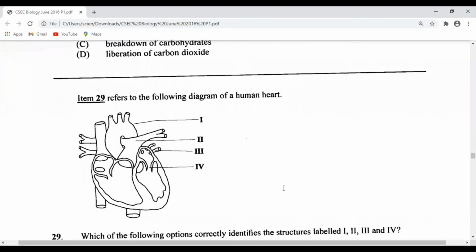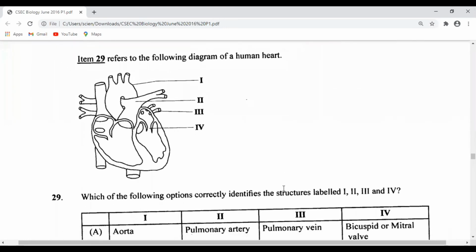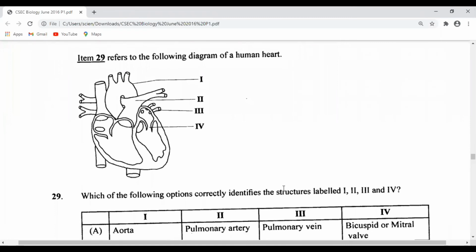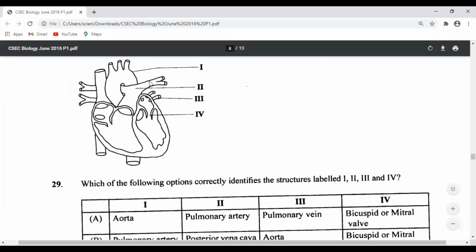So now 29. Item 29 refers to the following diagram of the heart. All right. So which of the following options identify the structures labeled 1, 2, 3, and 4? So 1 would be the aorta, and then 2 is coming from the right ventricle actually.